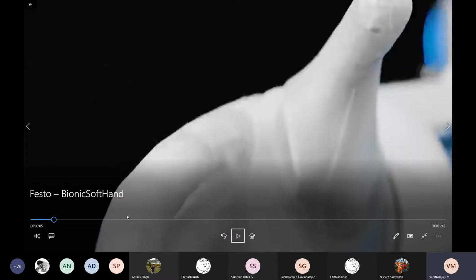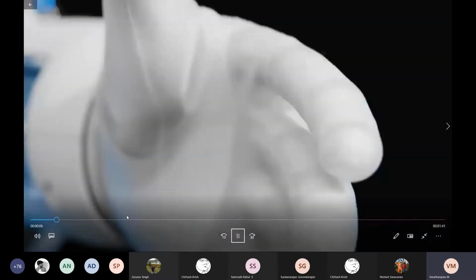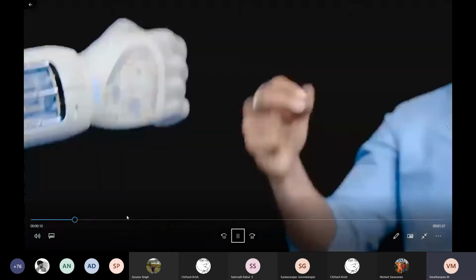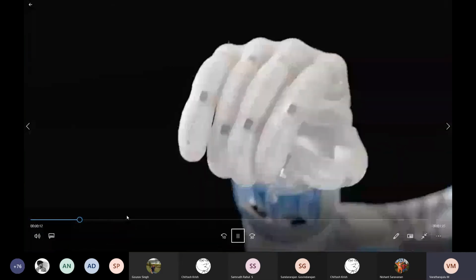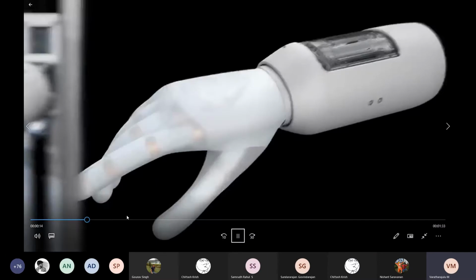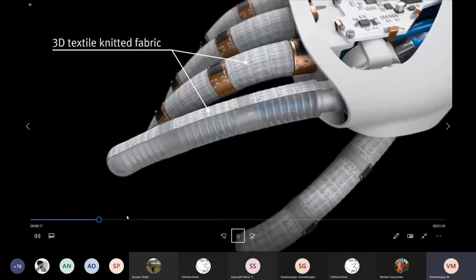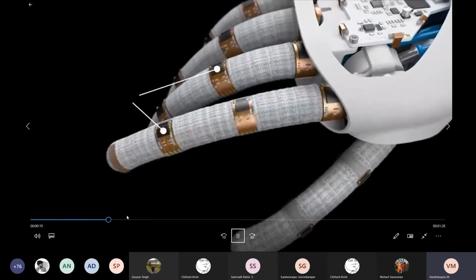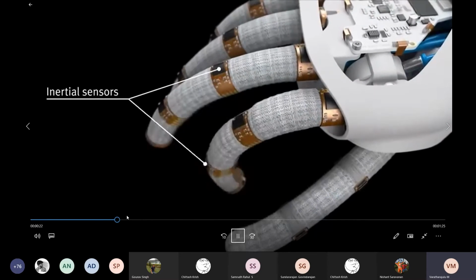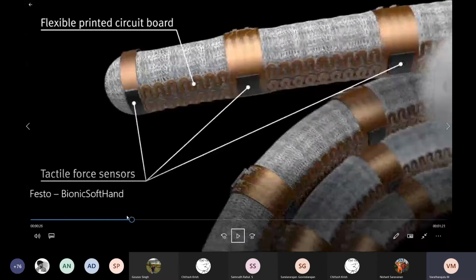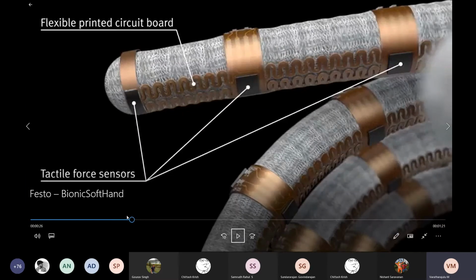This is the bionic soft hand, which is inspired by the human hand, from the company Festo. See the 3D textile knitted fabric used to actuate the robotic arm. It is activated by electrical sensors, a flexible printed circuit board and tactile force sensors.